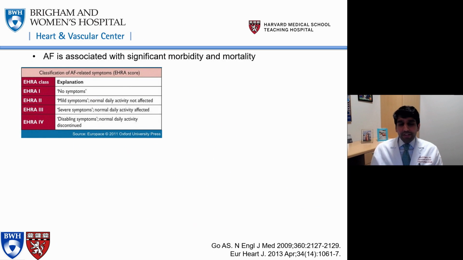Now, why do we care about atrial fibrillation? Well, as we all know, and it goes without saying, AF is associated with significant morbidity and actually mortality. Of course, patients with atrial fibrillation can be very symptomatic. Some have no symptoms, but I would say that a majority will describe at least mild symptoms associated with atrial fibrillation.